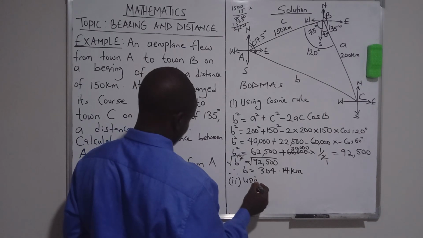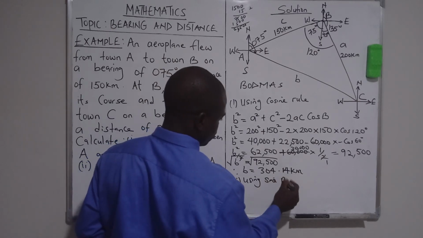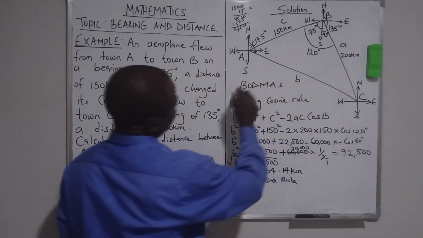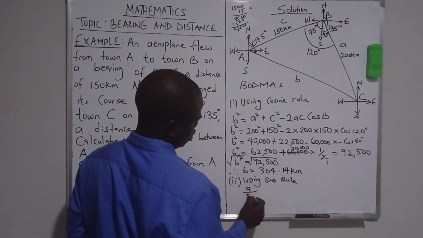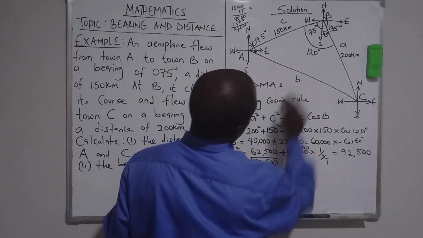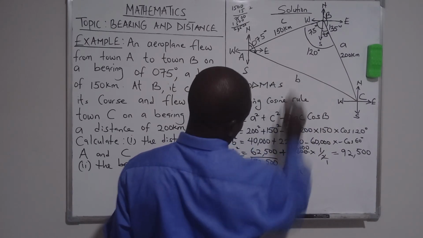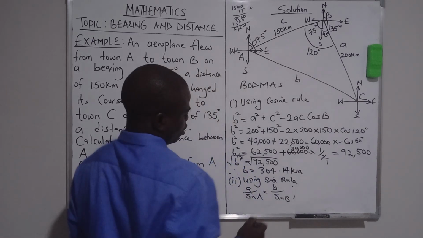Using the sine rule, let's pick a over sine A equals b over sine B. What's our a?